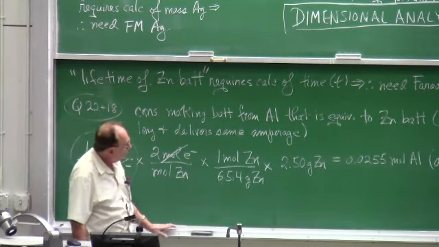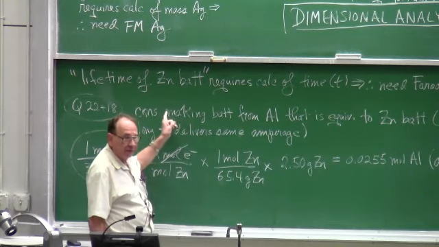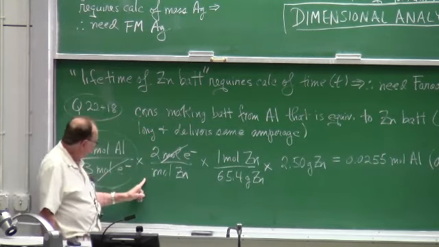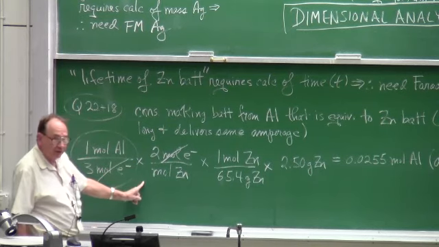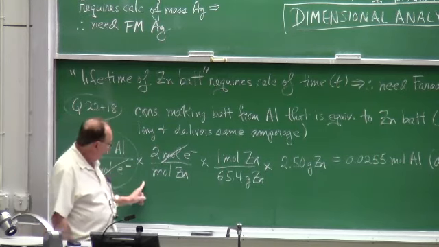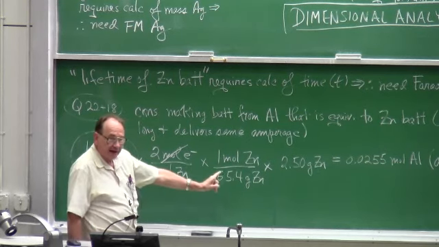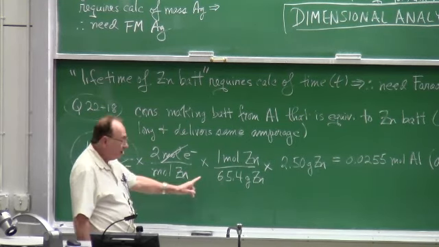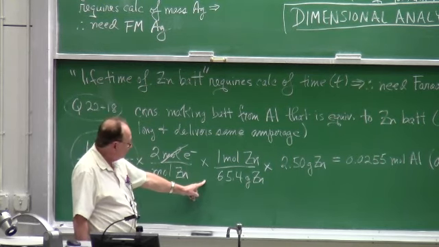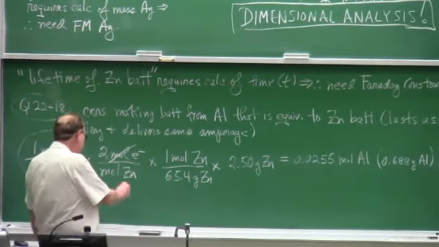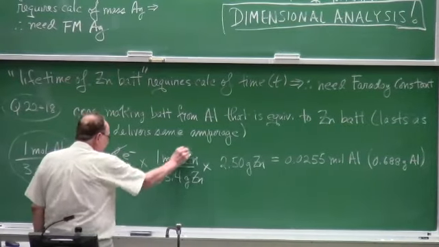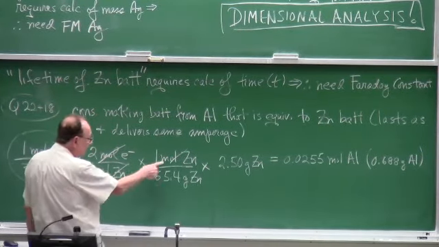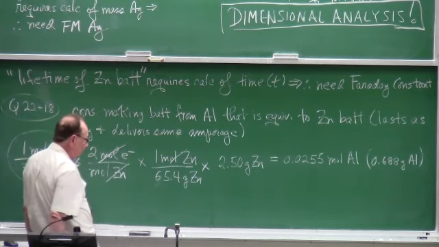Now, the quantity of zinc that the battery was built from was 2.5 grams. But I here have a relationship of moles of aluminum to moles of zinc. So as I continue to write my setup, I've got to put in a factor here which relates moles of zinc to mass of zinc. Formula mass of zinc, inverted, so that the moles of zinc in the denominator and moles of zinc in the numerator cancel.